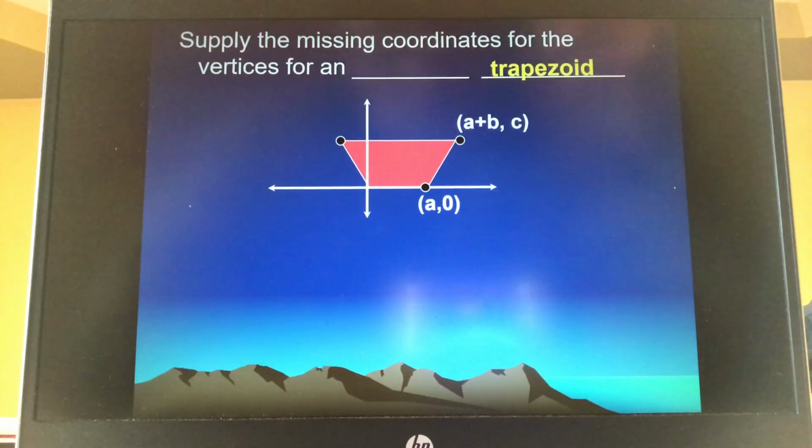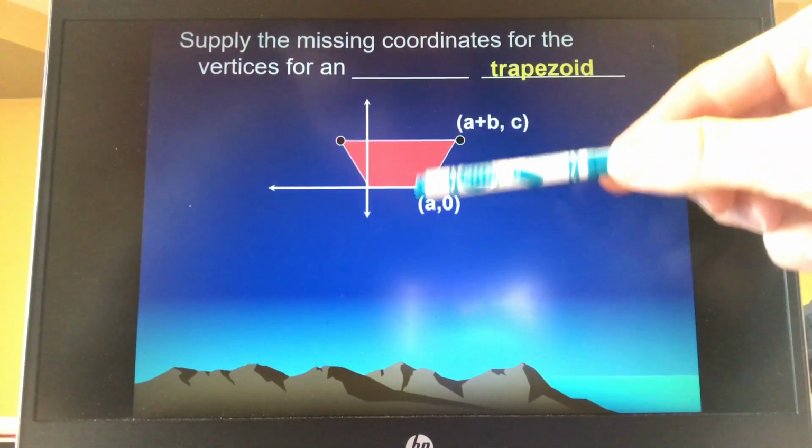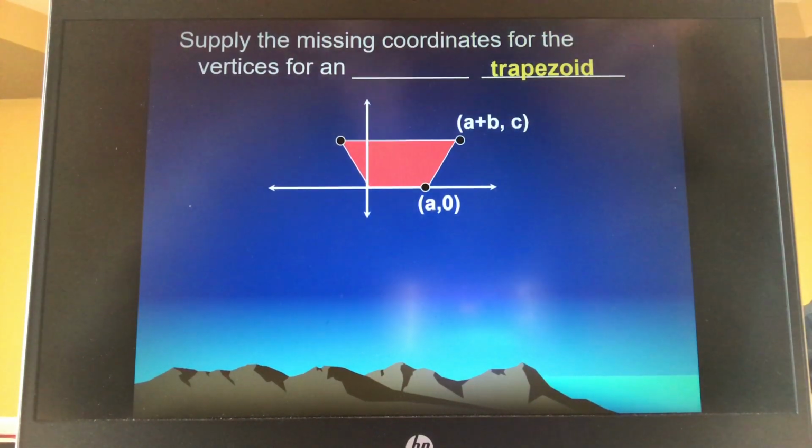Now, understand symmetry a little bit. If you were to draw a vertical line here, it would look exactly like that one. It would tell you a lot about the point there.